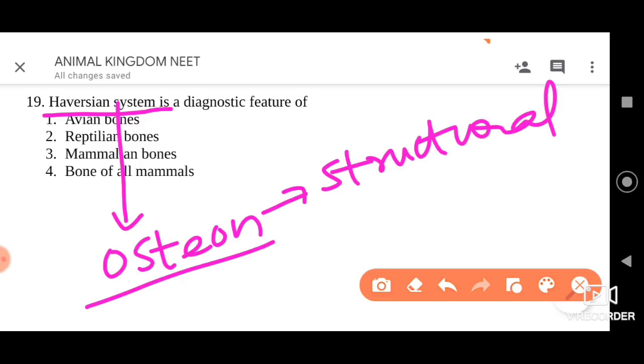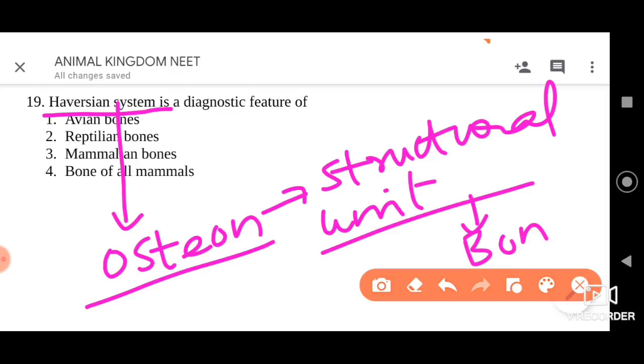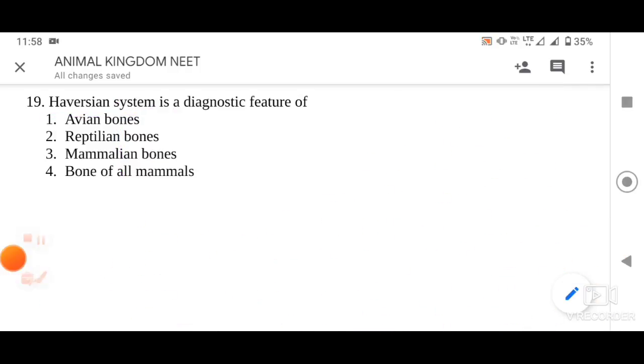It's the structural unit of bone, we can say. So we know now that Haversian system is a very important structural unit of our bone.